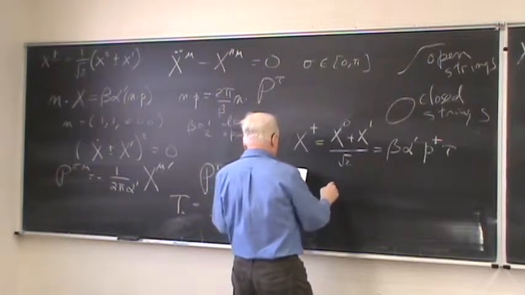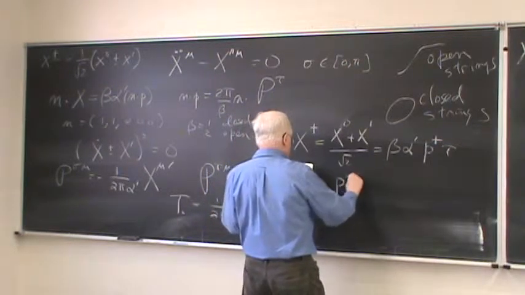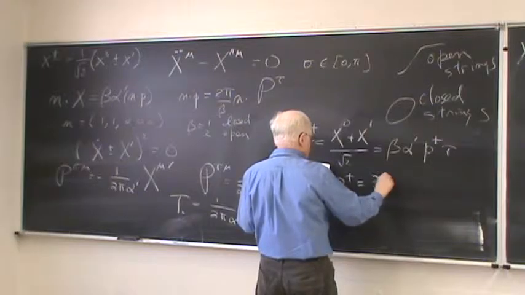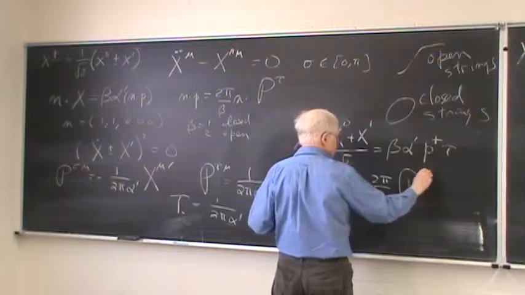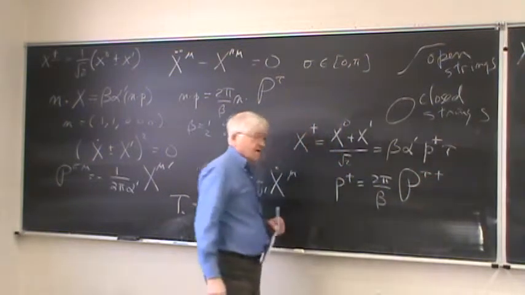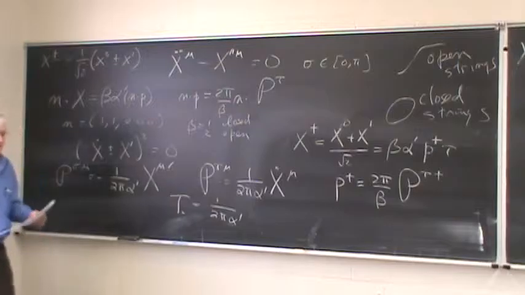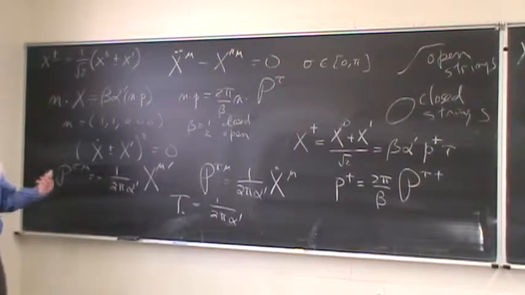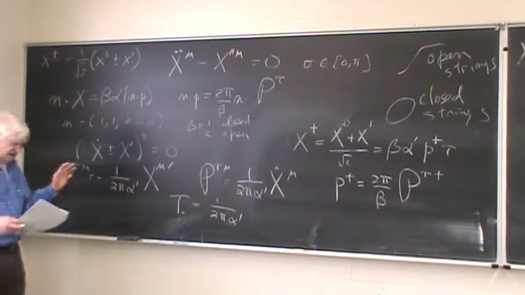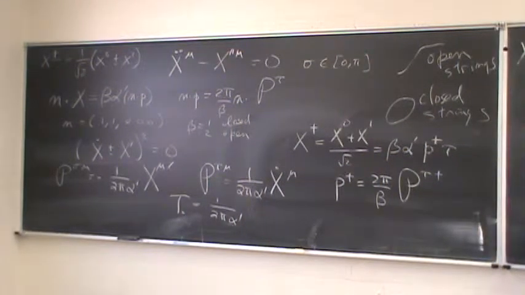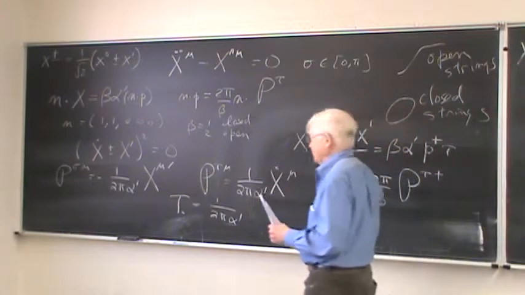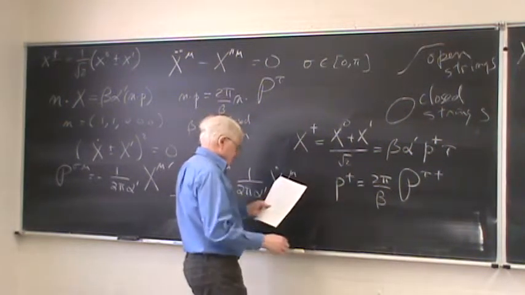And in fact, there's a formula for p plus. The p plus is equal to 2 pi over beta, this complicated p tau plus, the one that was derived canonically as partial Lagrangian with respect to x dot, in this case plus, I guess, or maybe minus. With light cone gauge, sometimes you switch from plus to minus when you change from vector to a derivative.